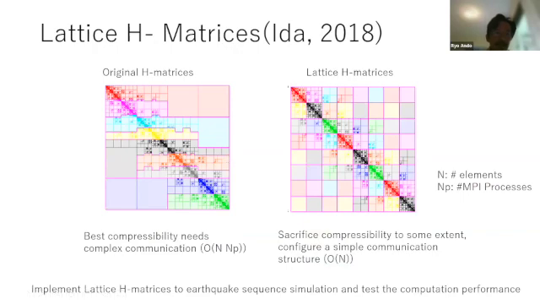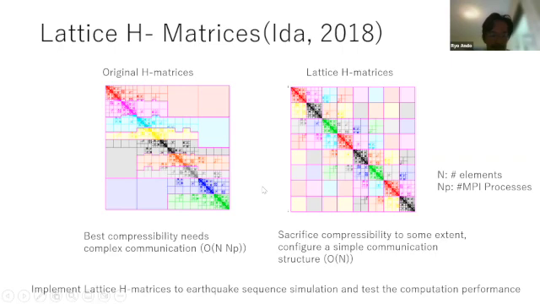So lattice H-matrices can solve this kind of complication. By sacrificing compressibility or load balance to some extent, lattice H-matrices configure a much simpler communication structure by separating the submatrices in a square way, like this.